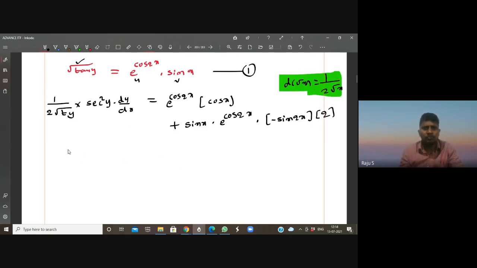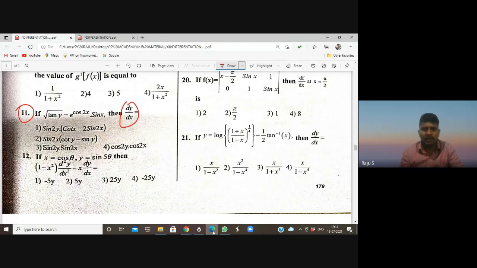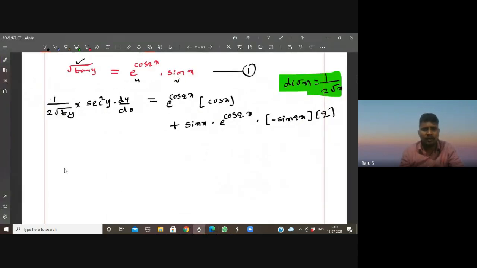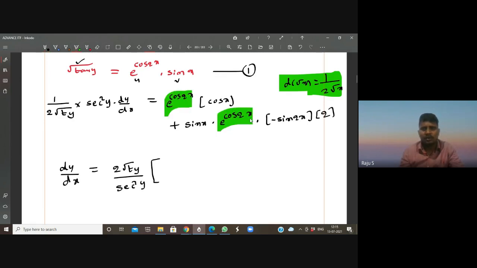So we required only dy by dx. In the question they're asking dy by dx. So dy by dx is equal to, first you can cross multiply these values. So when I cross multiply here, 2 root tan y by secant square y into, anything common on the right side, RHS, yes, e power cos 2x is common.